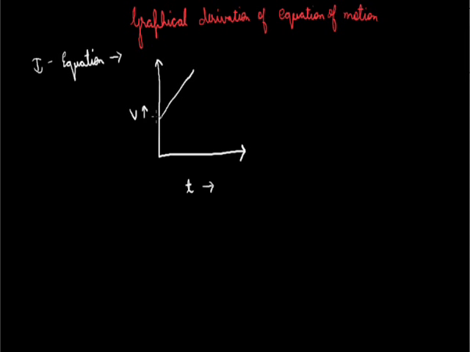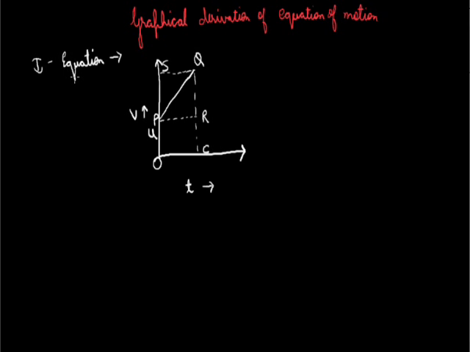As we see, a straight line is starting from point P instead of O. It implies that the body must be having some initial velocity. Let that initial velocity be u.